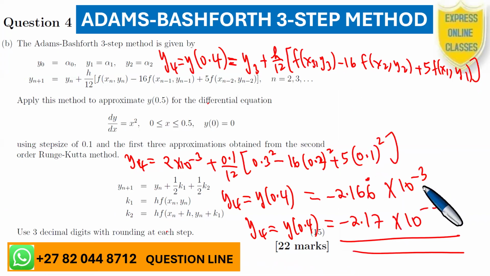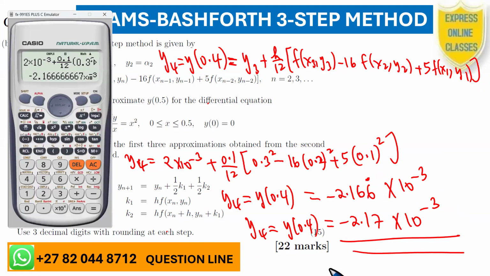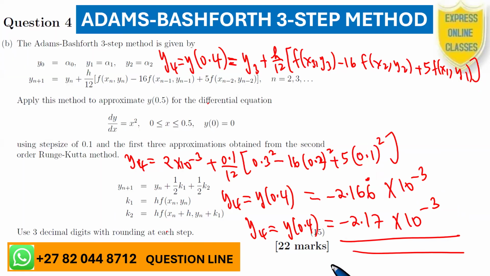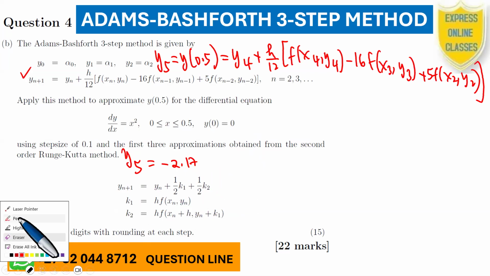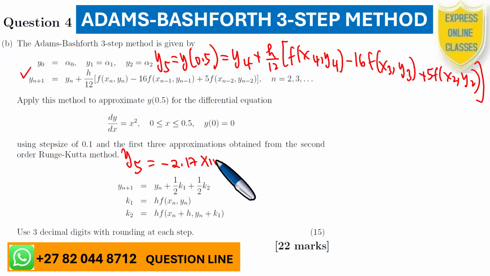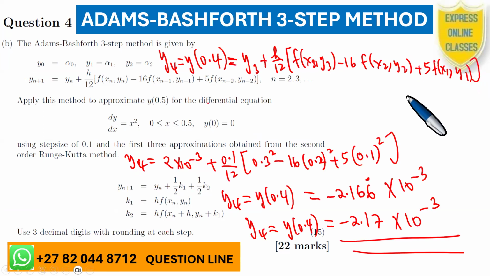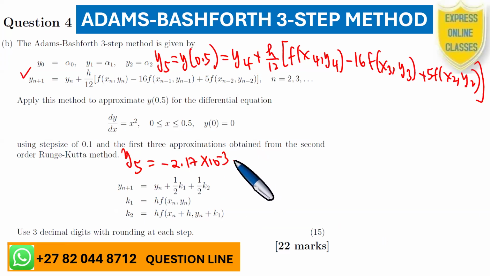And this is actually exactly our y sub 4. Right, so this is what we have. So here we're going to have y sub 4, which is minus 2.17 times 10 to the minus 3. H is 0.1, you divide by 12.